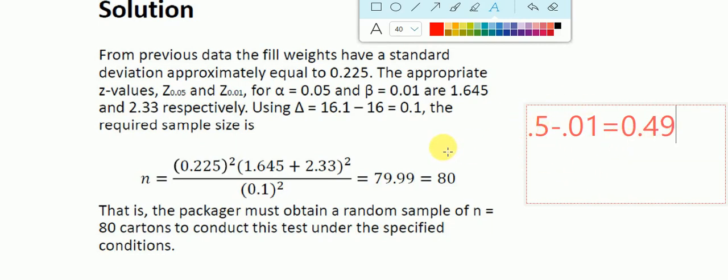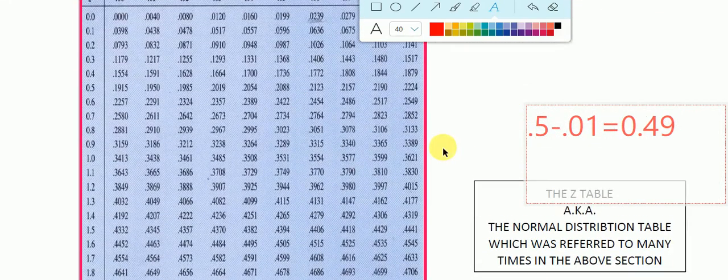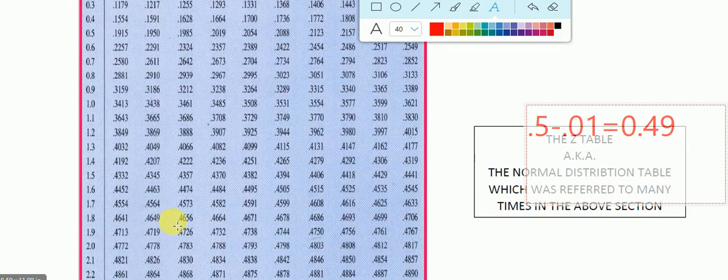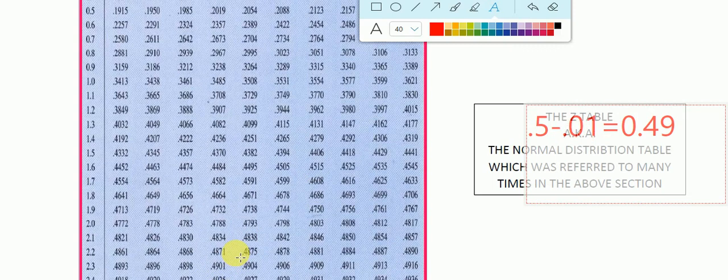Now we'll go on to the z table to look up this value. Here we are. This is the place where we search. So 0.49, this one is the nearest value over here.